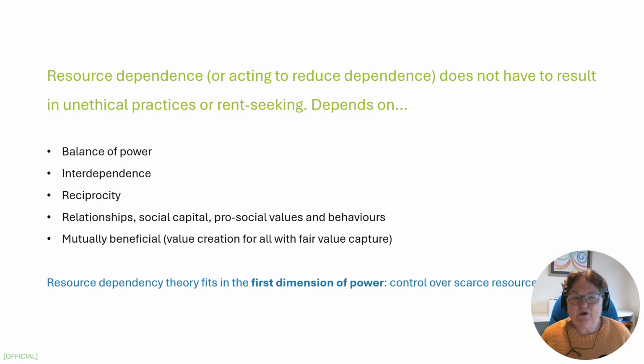It hasn't quite worked out that way for farmers, for milk producers. And you can have a think about why, when there are needs on both sides, and you could think that there could be reciprocity and a fair share of value. Why doesn't this necessarily happen? Think about it in terms of power.